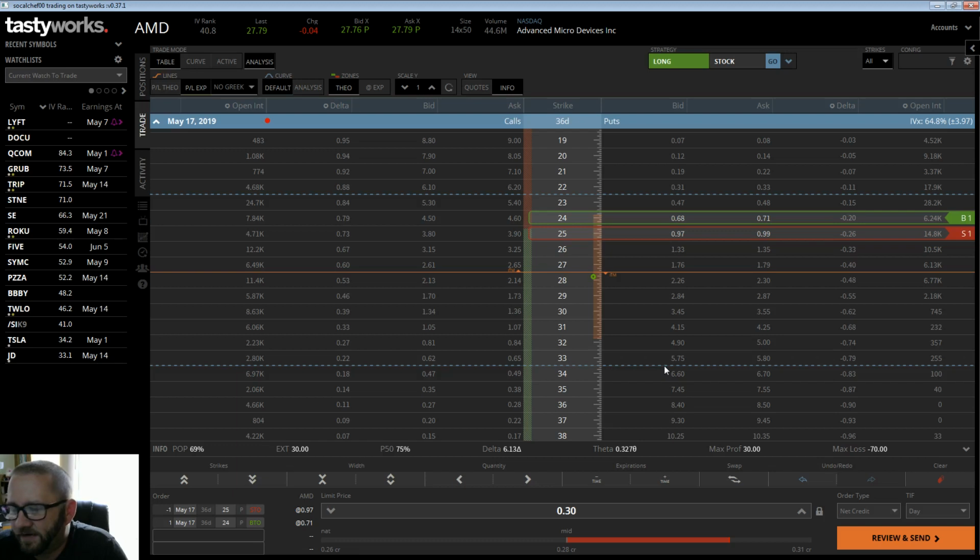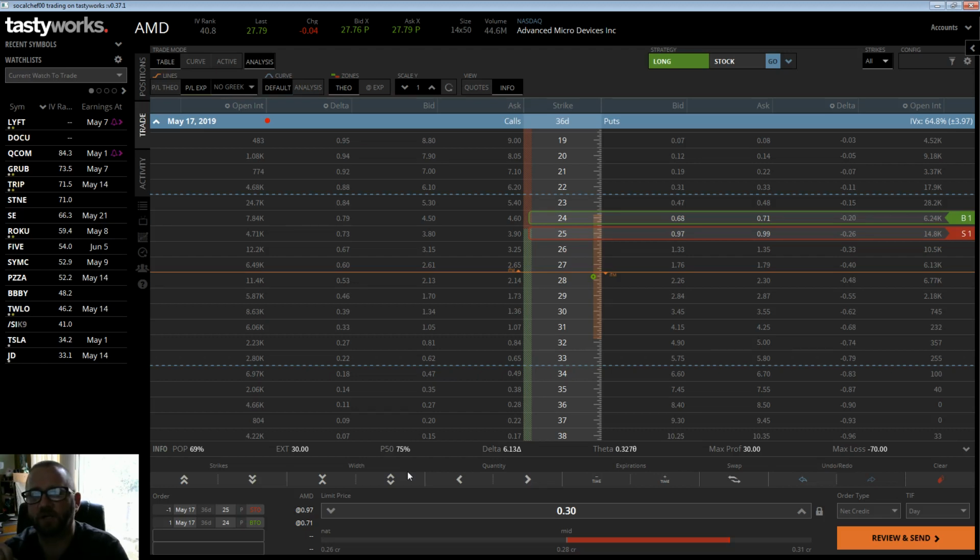So you have about a 70% chance that this is going to be profitable for you. And as you can see, Tasty says the pop is about 69, so close enough, right? But Tasty is also saying that this particular trade, you have a 75% chance of making half that money back before expiration date.